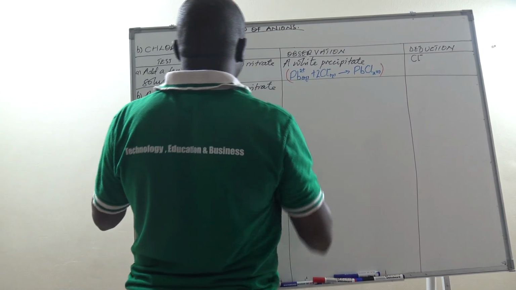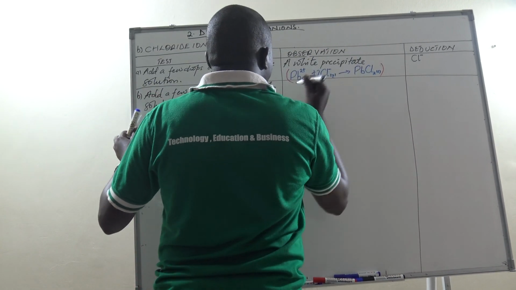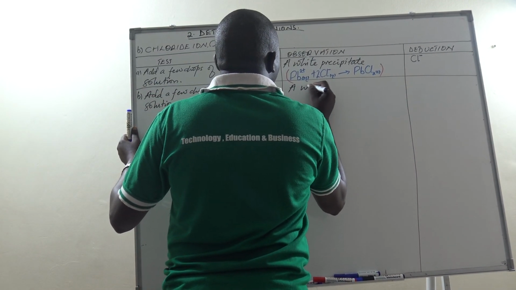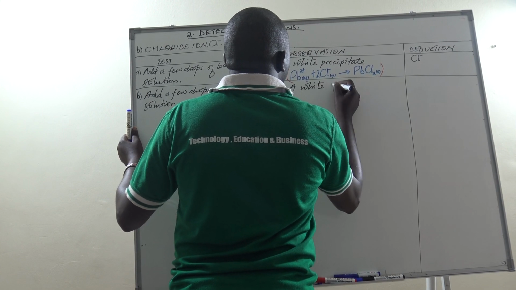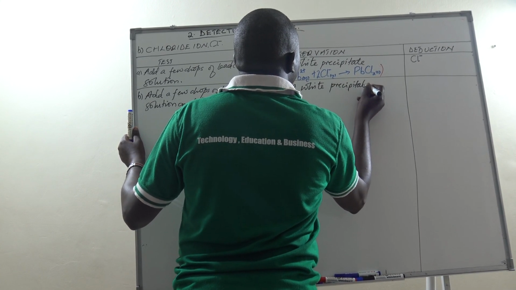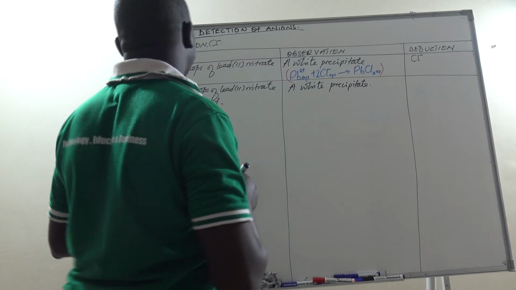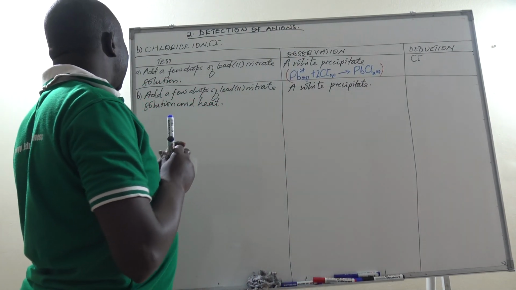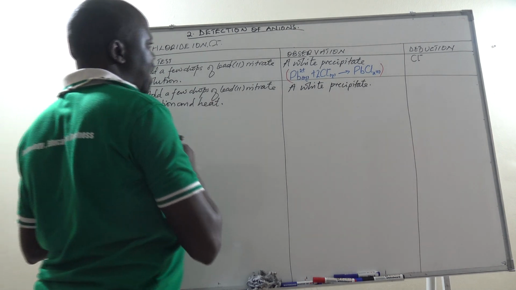So when we add a few drops of lead(II) nitrate solution, just like we did here, we are going to get a white precipitate. Then the instruction further says that you need to heat the mixture.